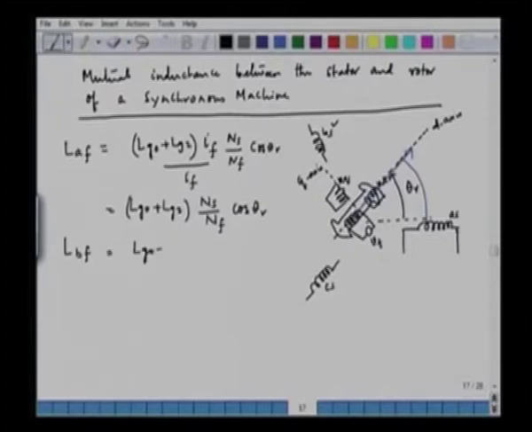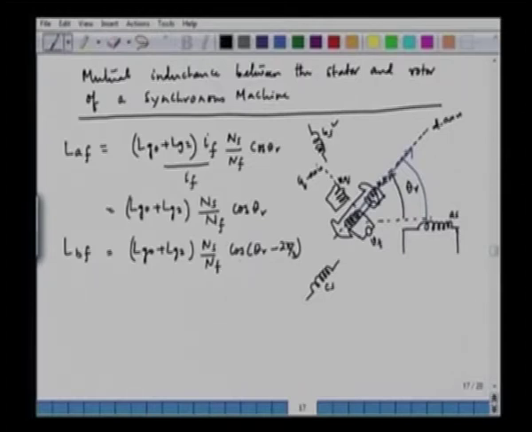So, this will be Lg0 plus Lg2 into Ns by Nf into cos of theta r minus 2 pi by 3, because B is shifted from A by 2 pi by 3. B is phase shifted from A by 2 pi by 3, and hence we have cos of theta r minus 2 pi by 3, the angle between the phase B and the d axis, 2 pi by 3 minus theta r. And cos of minus theta is the same as cos of plus theta, cos being an even function.